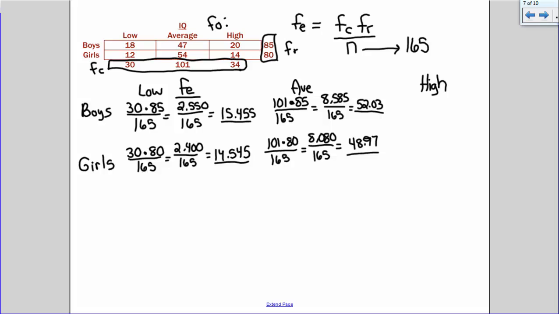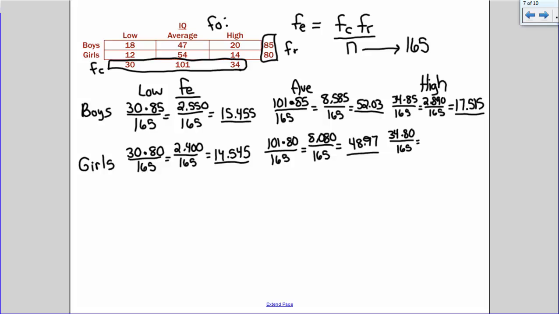Now let's move on to the high IQ. So 34 children had a high IQ. We have 85 boys. So that becomes 2,890 divided by 165. And we expect 17.515 boys to have a high IQ. Now let's look at girls' high IQ. So we have 34 multiplied by 80 girls divided by 165.